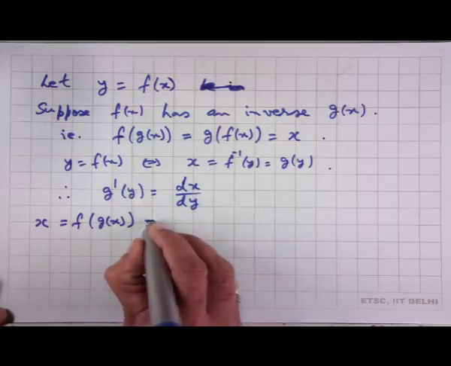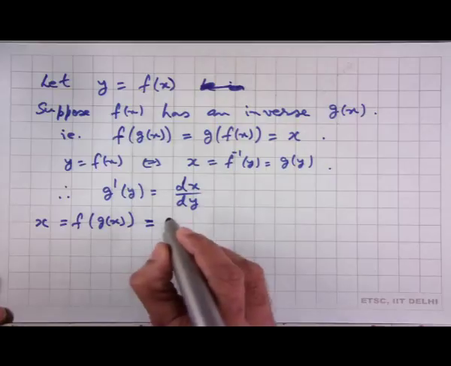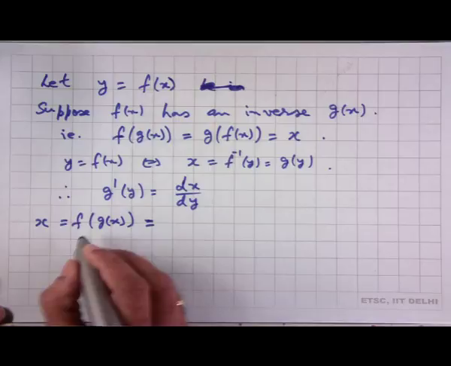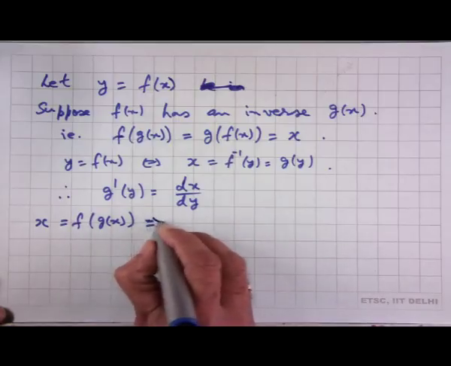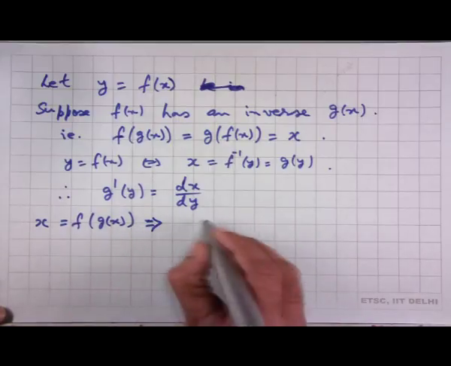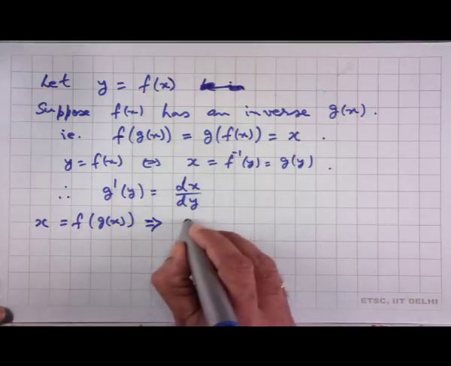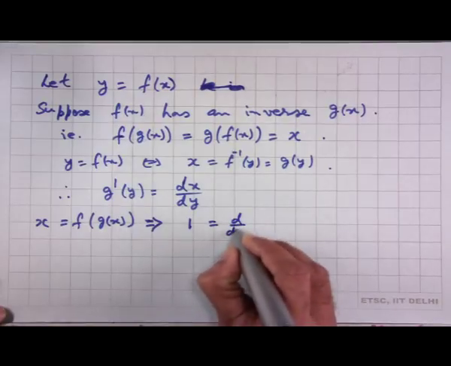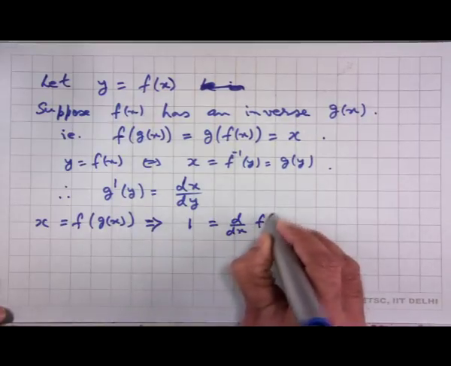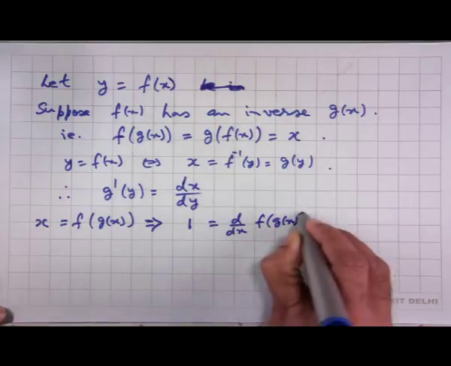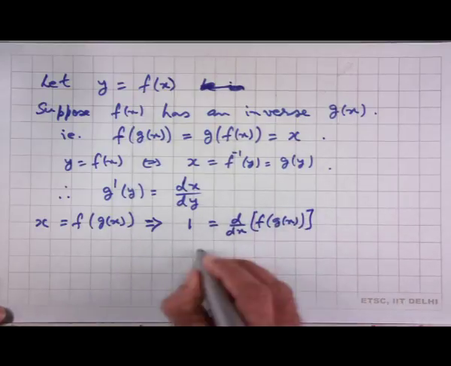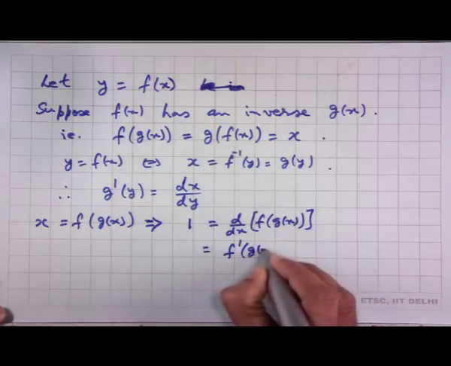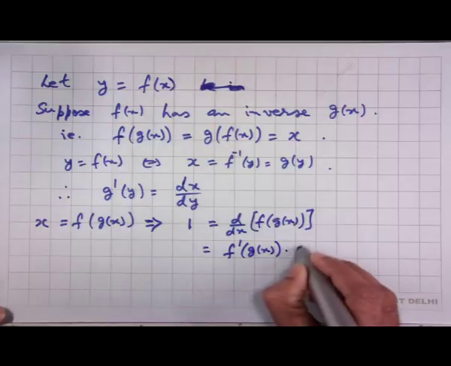If I take the derivative of this with respect to x, I get 1 is equal to d by dx of f of g of x, and this by chain rule is equal to f prime of g of x times g prime of x.